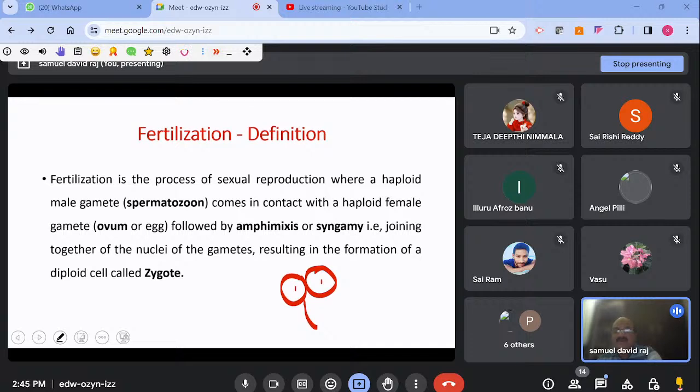This is followed by the transfer of the nucleus of the sperm to the egg, after which the sperm falls off, and inside the egg both the nuclei fuse, a process called amphimixis. So fertilization is the coming together of both the gametes, and amphimixis is the fusion of the nuclei of the gametes, so that a diploid zygote is formed.